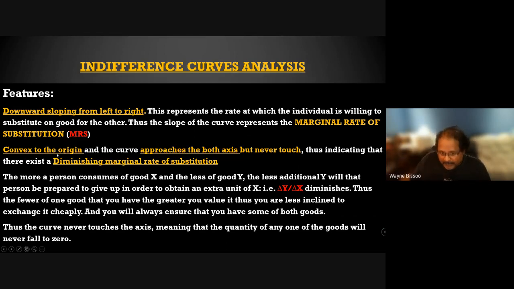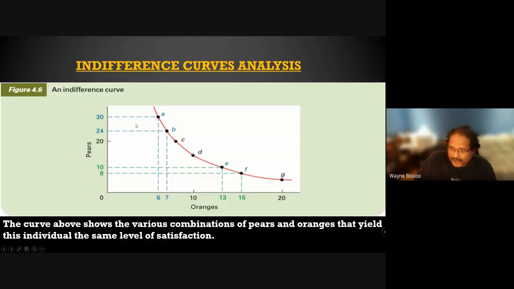It is convex to the origin, and the curve approaches both axes but never touches. Those are two more features, thus indicating that there exists a diminishing marginal rate of substitution, meaning that, going back again, as we get to a point where I have less of one item, I am willing to give up less of that item to get more of the other.